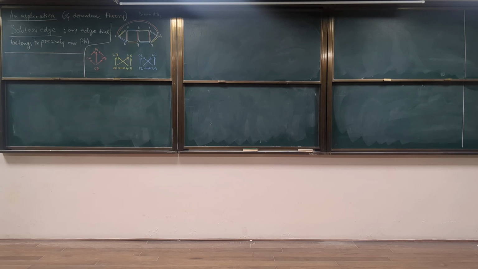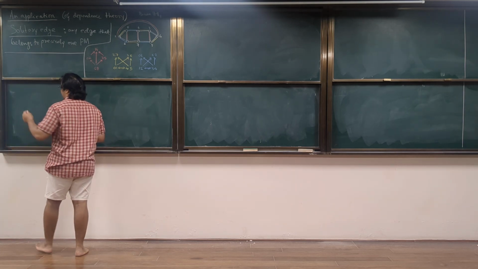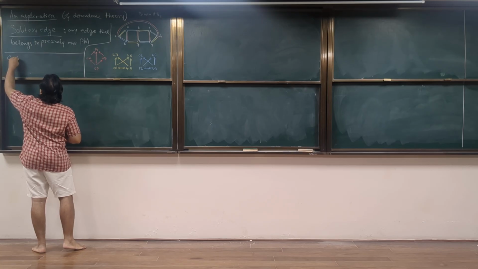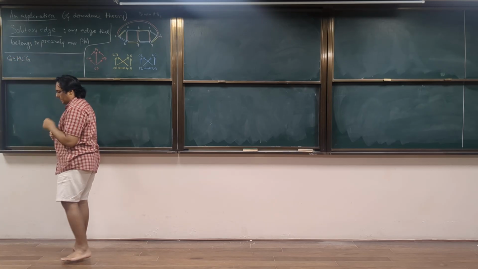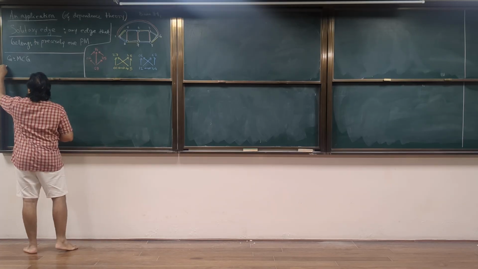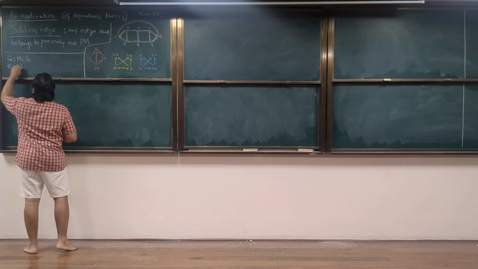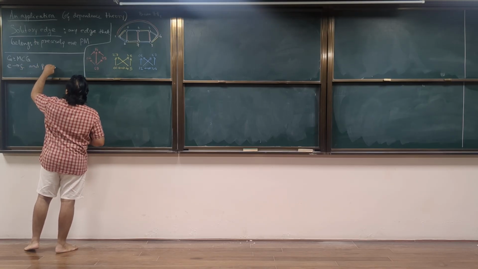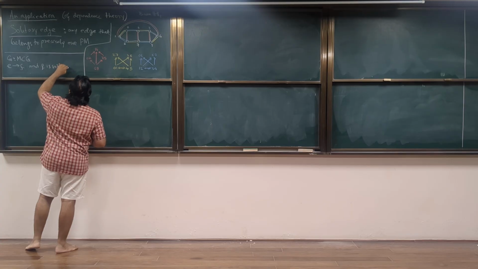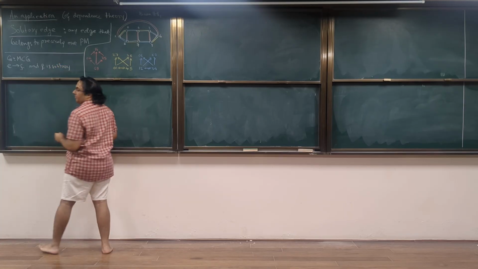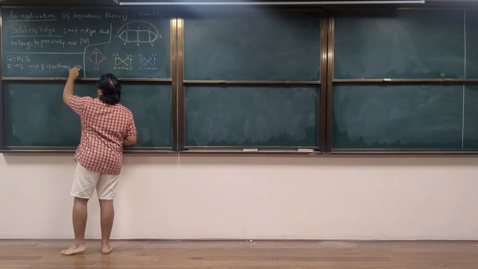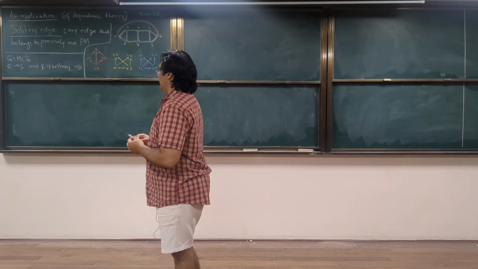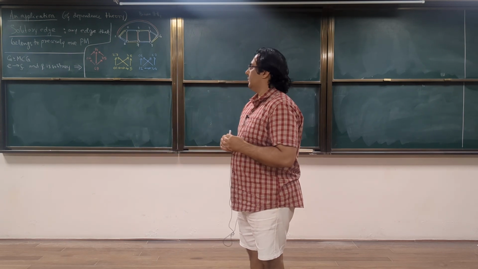So here is the most important observation from Narayana's thesis. If you have a matching covered graph G, an edge E depends on an edge F, and F is solitary. Then what can you say?